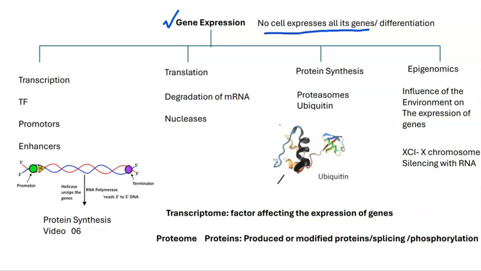Of course, all cells contain all of the genes for an organism, but we only switch on particular ones to coordinate the specialization and differentiation of that cell to a particular function. So we only turn on a small subset of the total number of genes within any one cell.